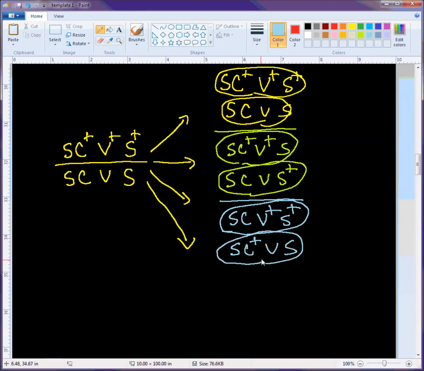SC plus moves down. Okay, now we have the double crossover class where S is moving up, S plus is moving down, SC is moving up, SC plus is moving down. The other way you could look at that is just V is moving up and V plus is moving down.